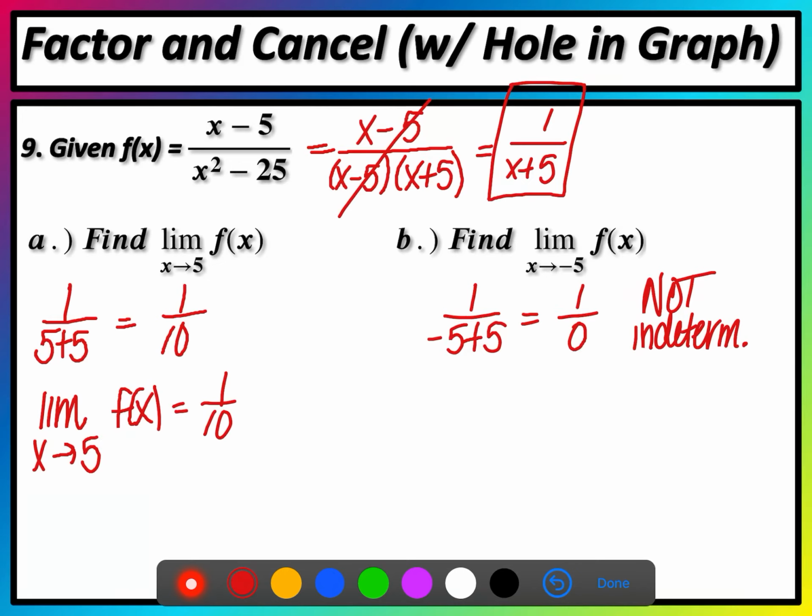So in this situation, my direct substitution has produced something that's undefined, right? If you tried to evaluate that. So an undefined direct substitution means that the limit does not exist.